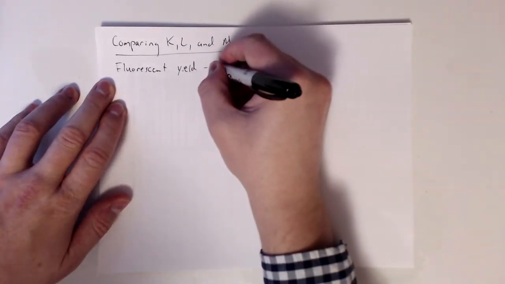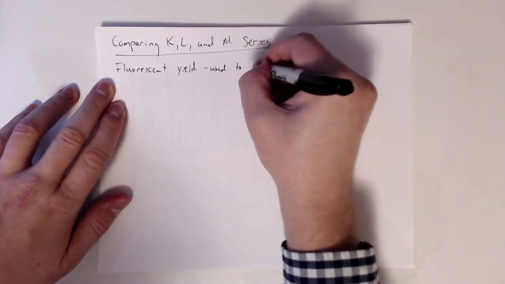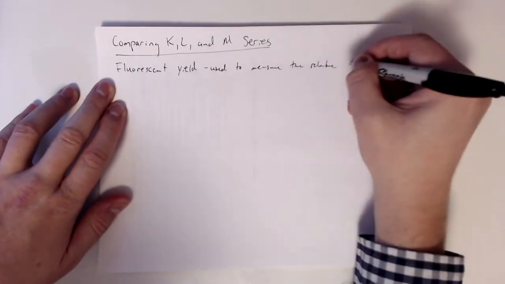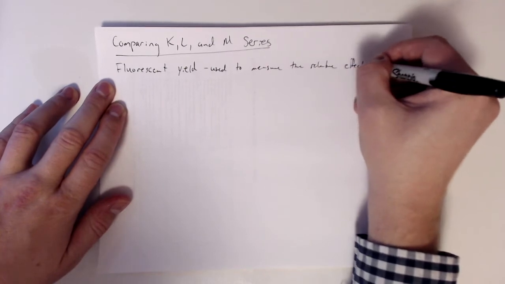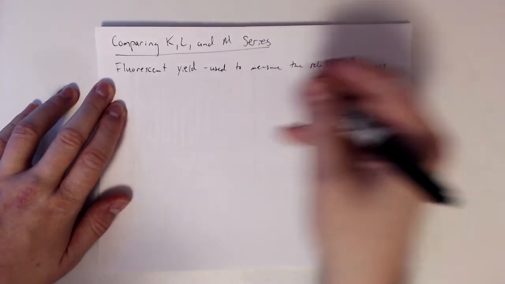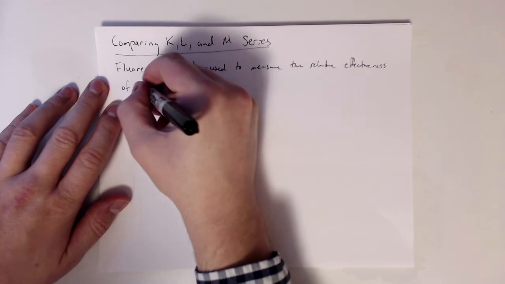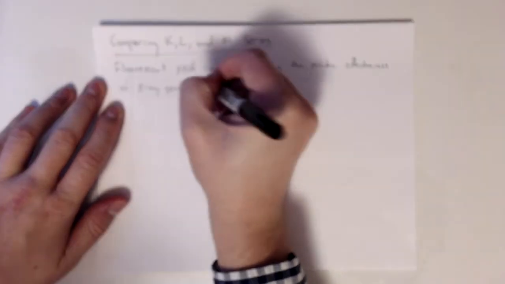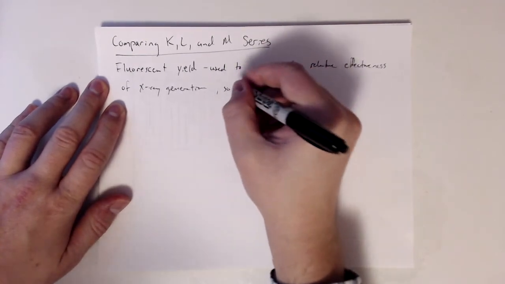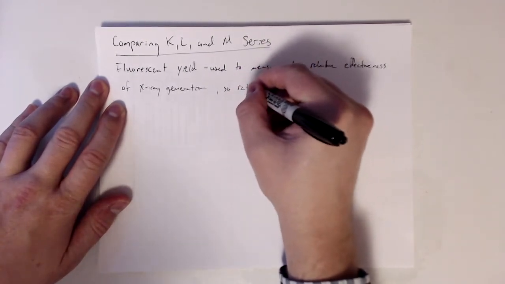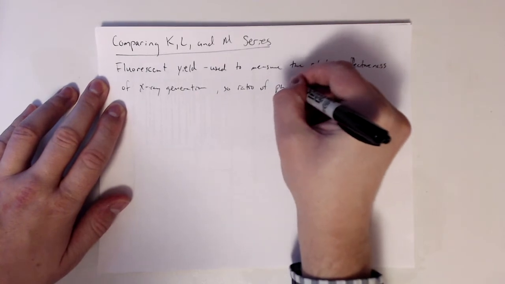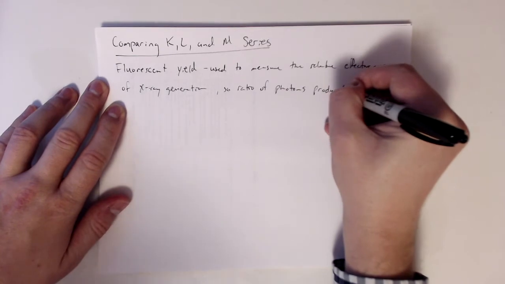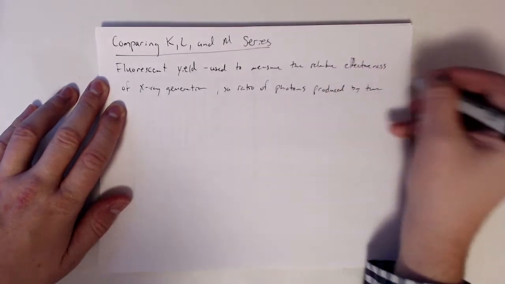So this is used to measure the relative effectiveness of X-ray generation. So basically the ratio of photons produced by the ionization.